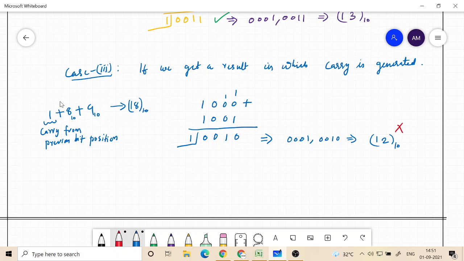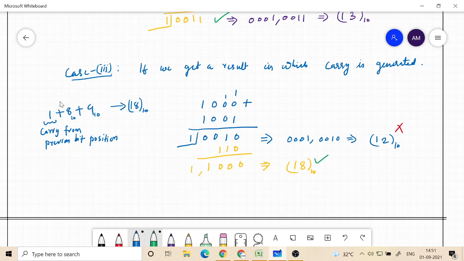So you introduce this result into another binary adder, in which again you take 0110 and add it. If you do that, this will become 0, 1 plus 1 is 0, and then 1 plus 1 is 0, then 1, and the earlier carry will remain here. Now if you look at it, our result is 18 to the base 10, and this is the correct result.